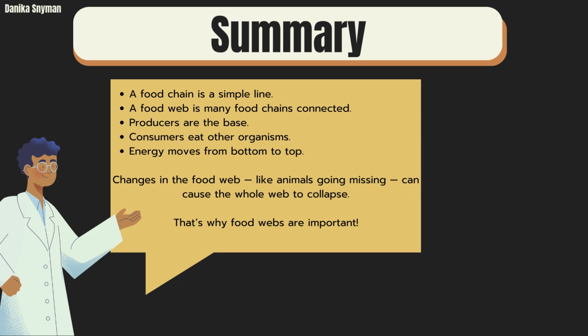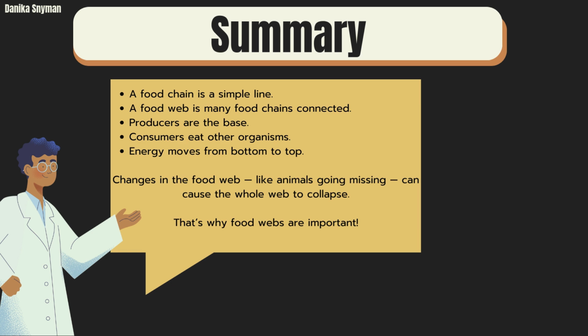A food chain is a simple line. A food web is many food chains connected together.